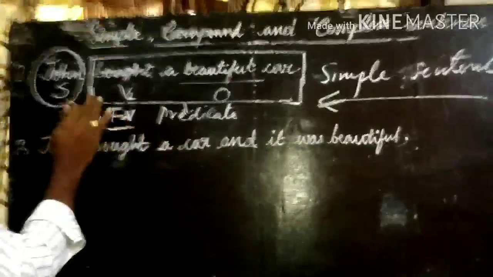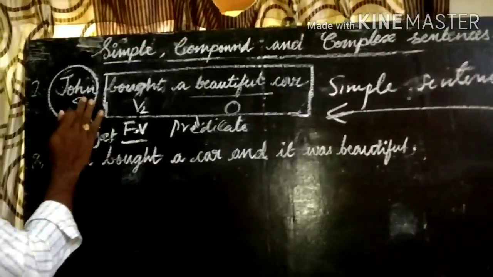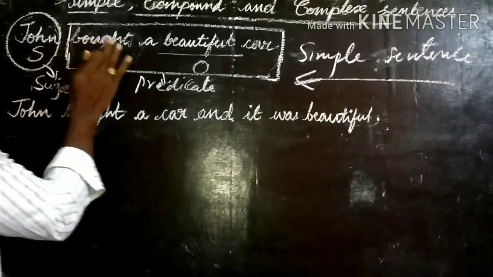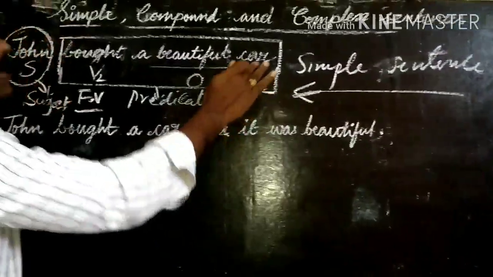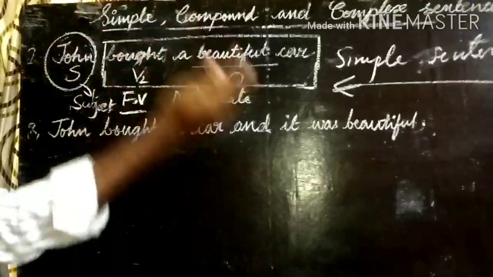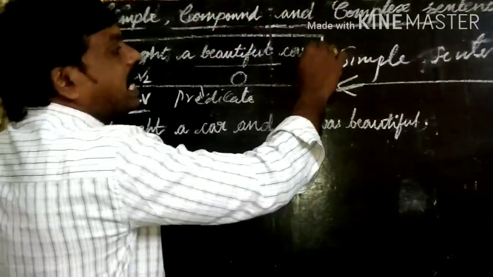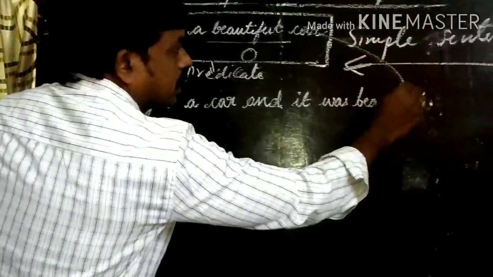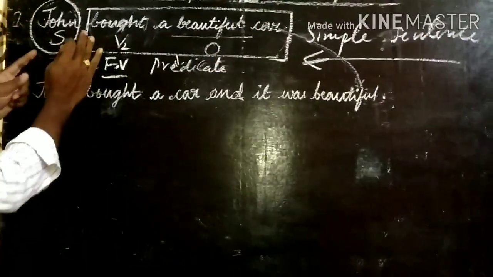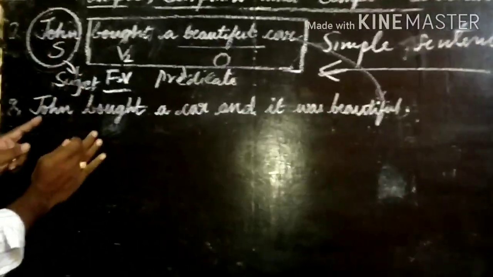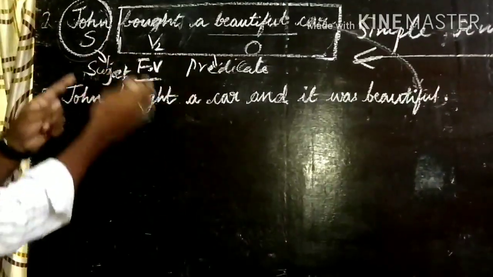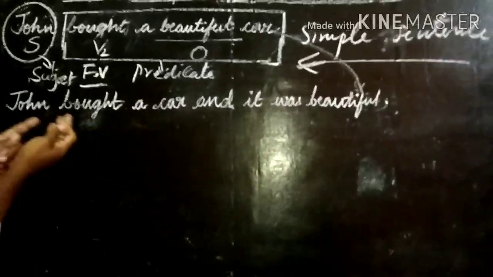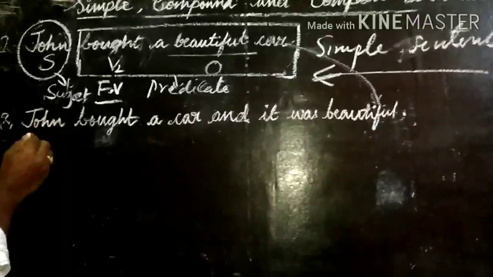Similarly, this example of a simple sentence, John bought a beautiful car, can be written in another way. See, the same idea can be expressed in another way. As this, see, what is that?